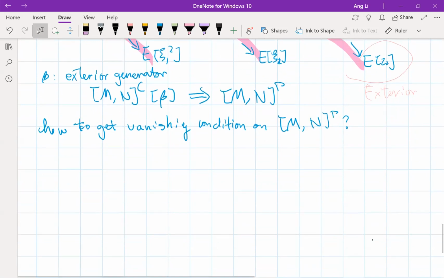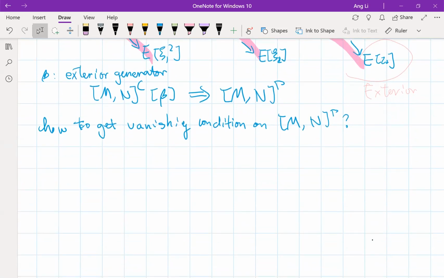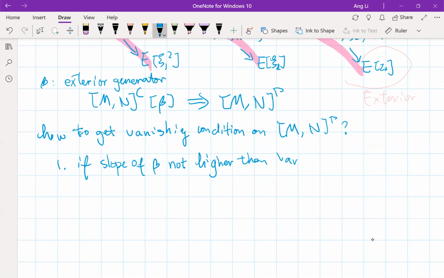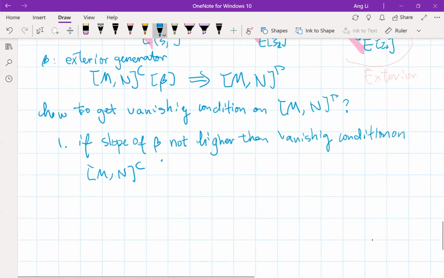All right, so if my M, N over C already have some vanishing condition and the beta is not higher than that, so let's just say if the slope of beta is on the original thing, or if it is higher, but beta is nilpotent.